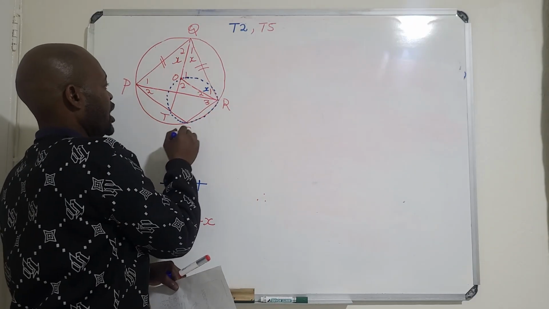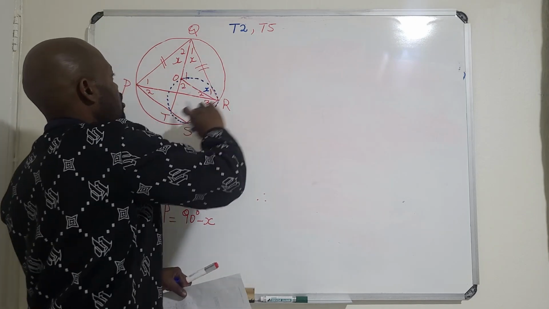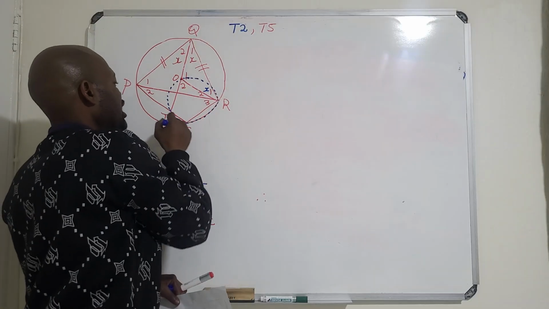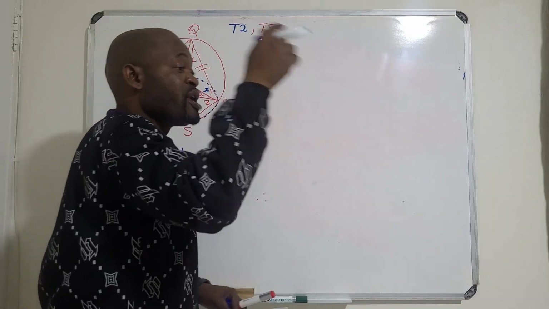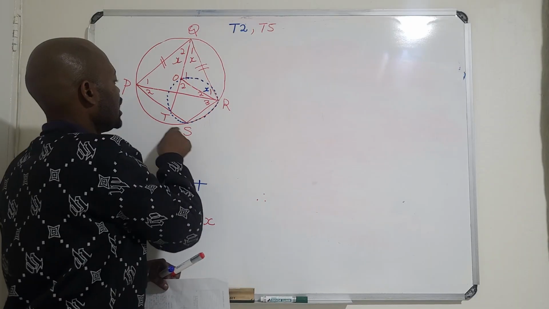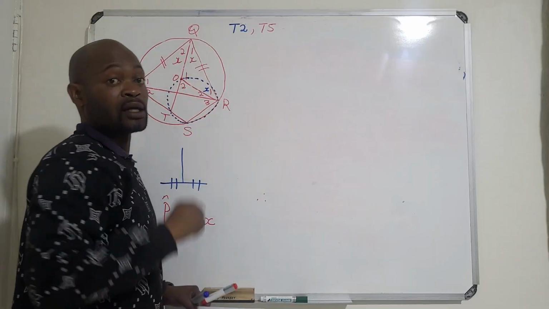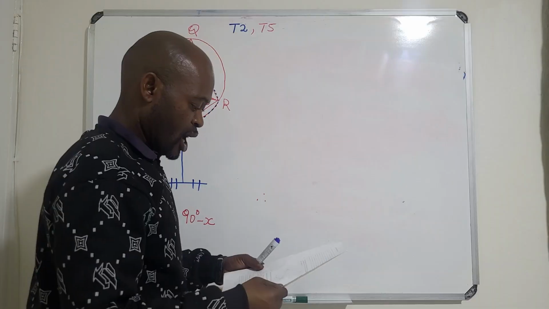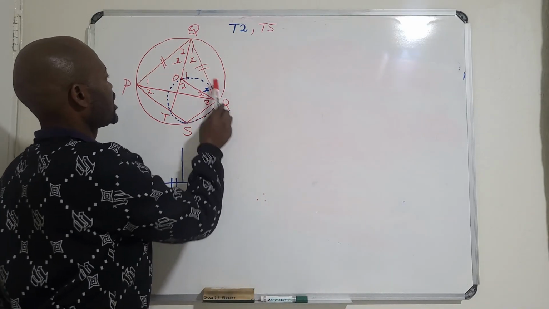Meaning that TSRO is a cyclic quad of another circle, not this circle, an imaginary circle. Once we prove that TSRO is a cyclic quad, it will mean that we have another circle where T, S, R, O are on the circumference of that circle. That's what we've been doing in the previous examples. Now, we need to prove that this is a cyclic quad.